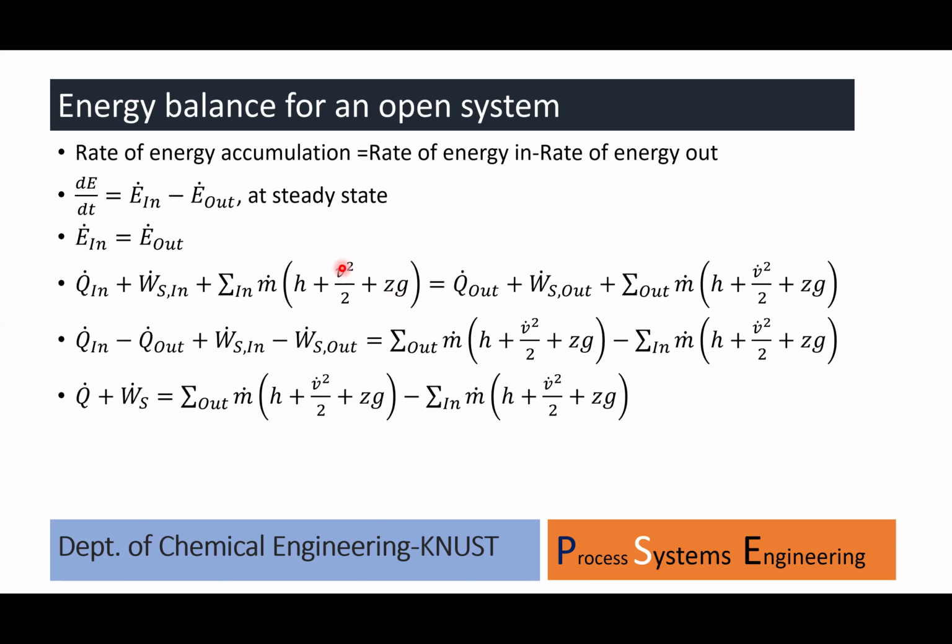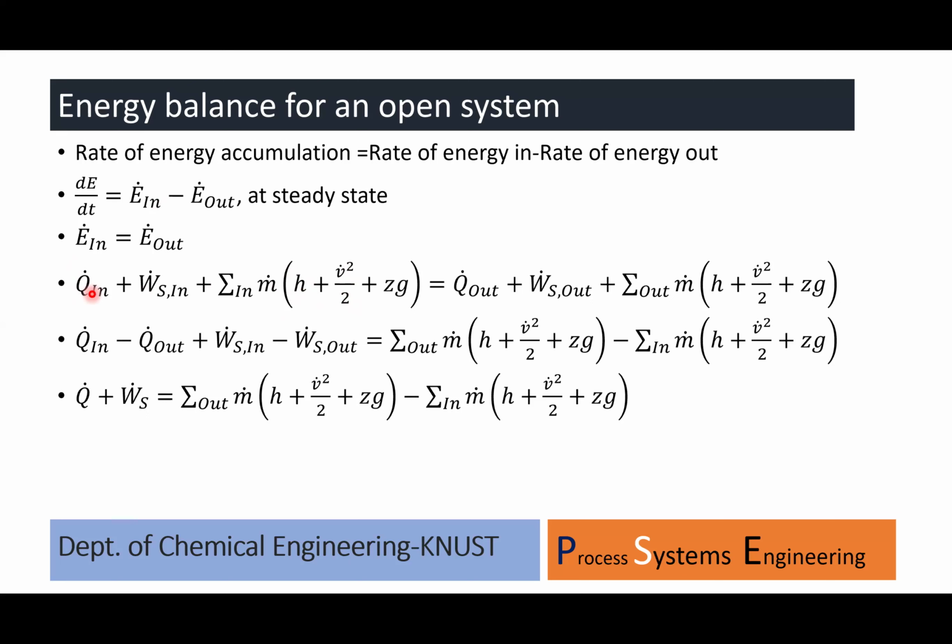Then the next term here is for kinetic energy. So m v squared over 2, or 1 over 2 m v squared. And then the first term here is for enthalpy. So the material coming in is coming with its own heat, its own work or shaft work. It's coming with its own enthalpy, kinetic energy, and then potential energy. And when this is going out, it is going out with some kind of heat, some kind of work, some kind of enthalpy, kinetic energy, and then potential energy.